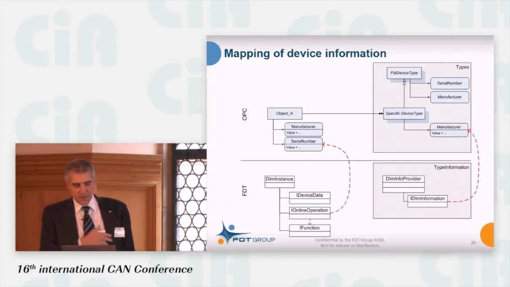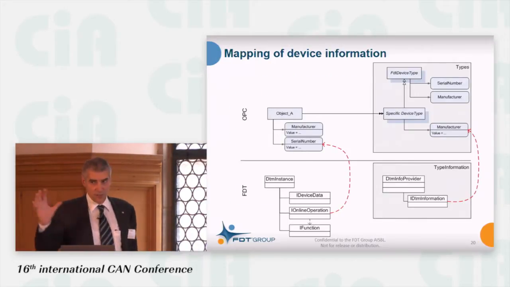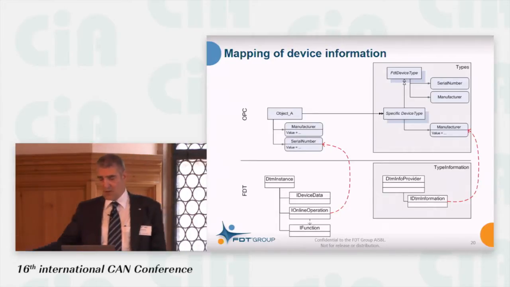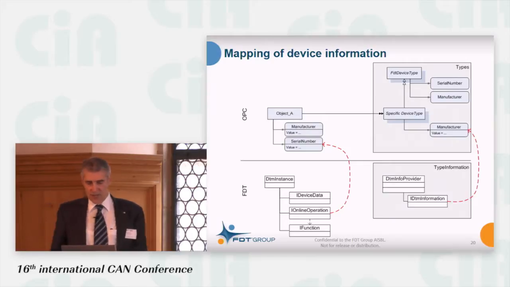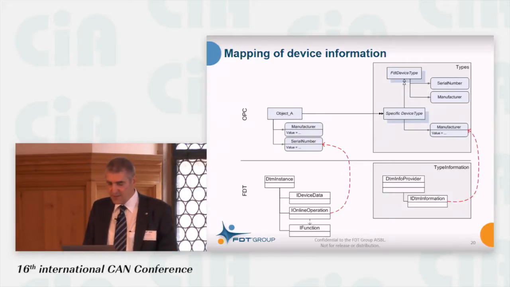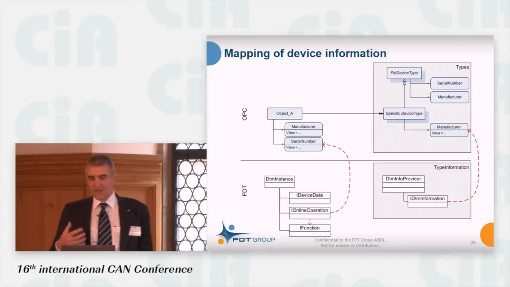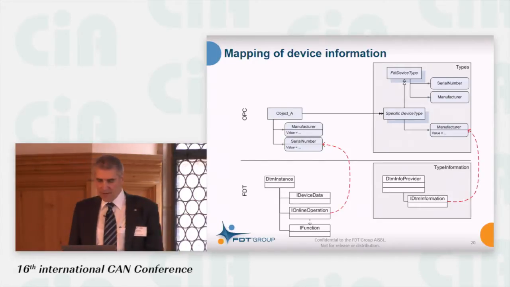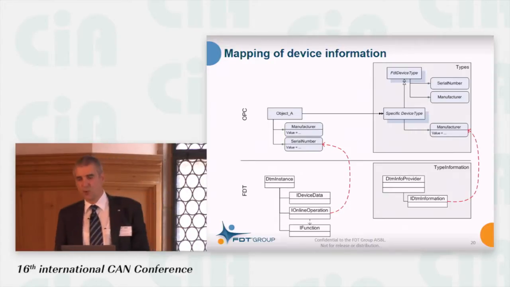And here is an example for such a mapping, because the models are not the same. The information model from OPC UA and our FDT model are of course different. So sometimes it's necessary to map different information from FDT into one object in OPC UA.